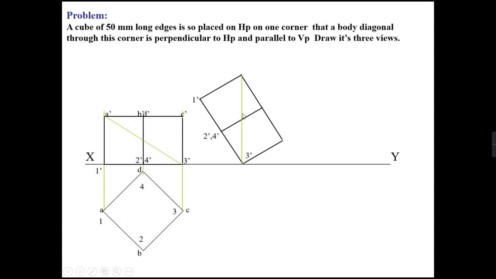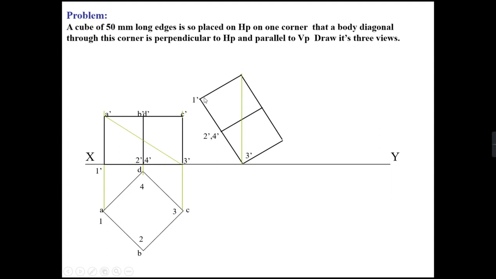After that, I will draw the top view of this solid. So if I see it from the top, I will be able to see this edge 1 dash A dash, this face that is ABCD, right?